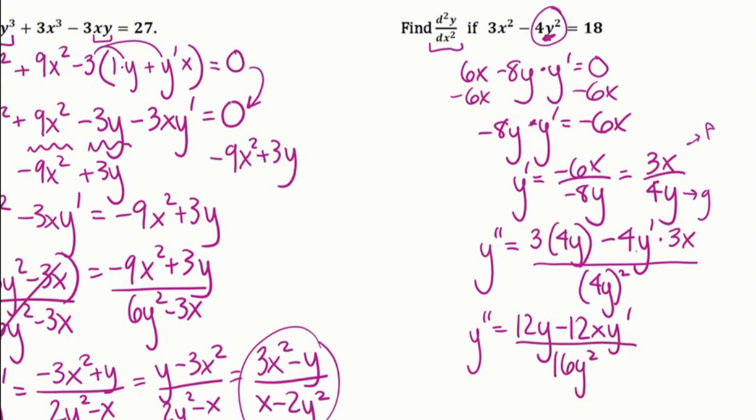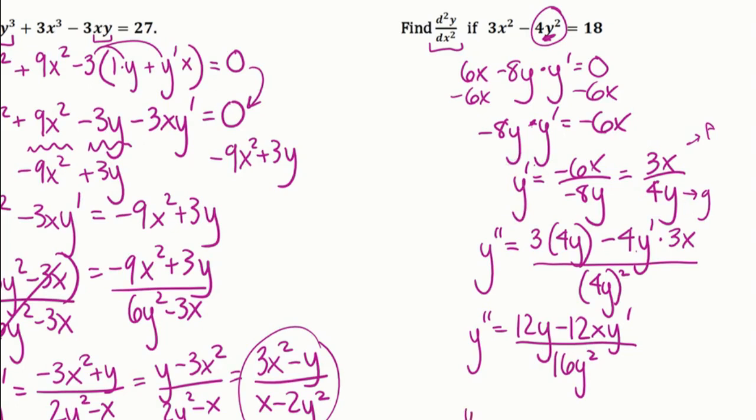Now, what's interesting about this is you see we have a y prime left over. That's actually not okay. We are not allowed to leave y primes in our y double primes. But we already know what y prime is. Y prime is equal to 3x over 4y. So with second derivatives, you are going to need to use substitution.